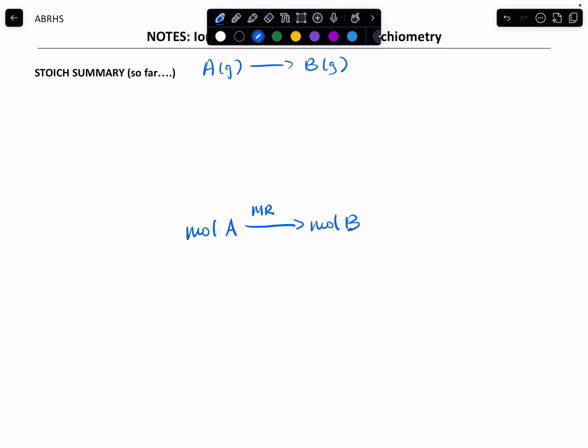All right, now the more complicated problems, maybe instead of moles, you start with grams of A. If that's the case, you need to convert first to moles of A using the molar mass of that substance.